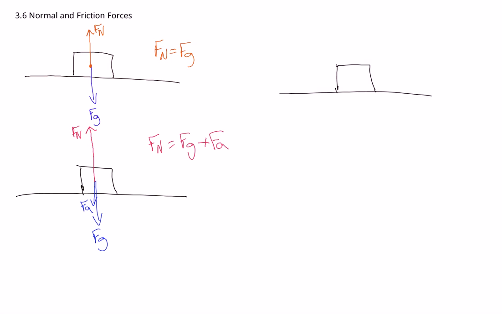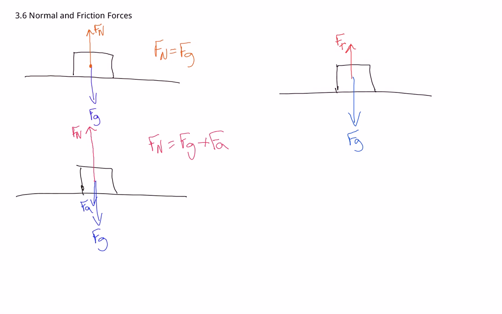Okay, so let's look at one more, where we still have the box on flat ground, and in this case we have gravity pulling it downwards again. But now, instead of pushing downwards, we're going to have a rope attached to the box, and we're going to pull it upwards a little bit. So let's suppose we have a tension, some sort of applied force, lifting upwards on the box.